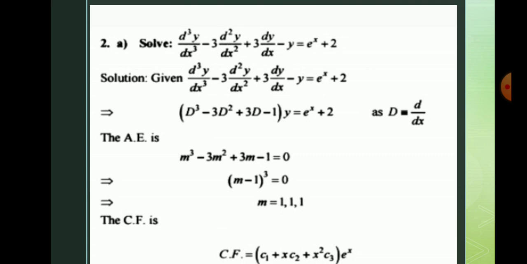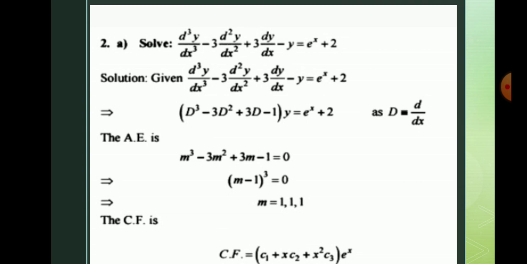Now the auxiliary equation is m cube minus 3m square plus 3m minus 1 equal to 0. It means you can write that (m minus 1) whole cube equal to 0, because we know the formula of (a minus b) whole cube.